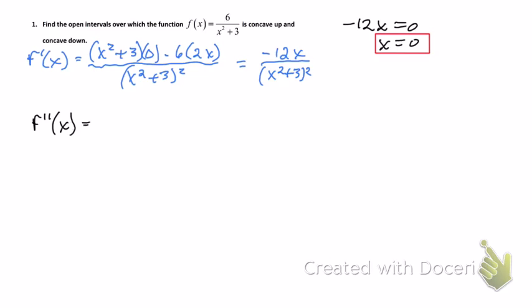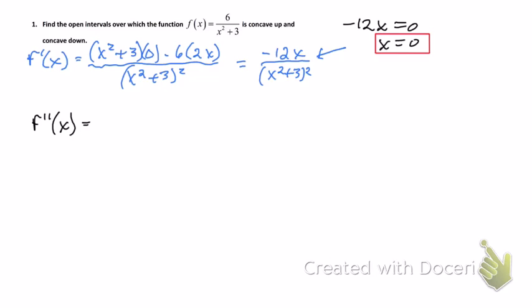I'm basing it on the first one, so I've got to take this thing we ended up with out here and get the derivative of it. Why can't we do anything with the denominator? Because there's nothing x can do to make the denominator 0. So our critical number is just x equals 0 for the numerator.